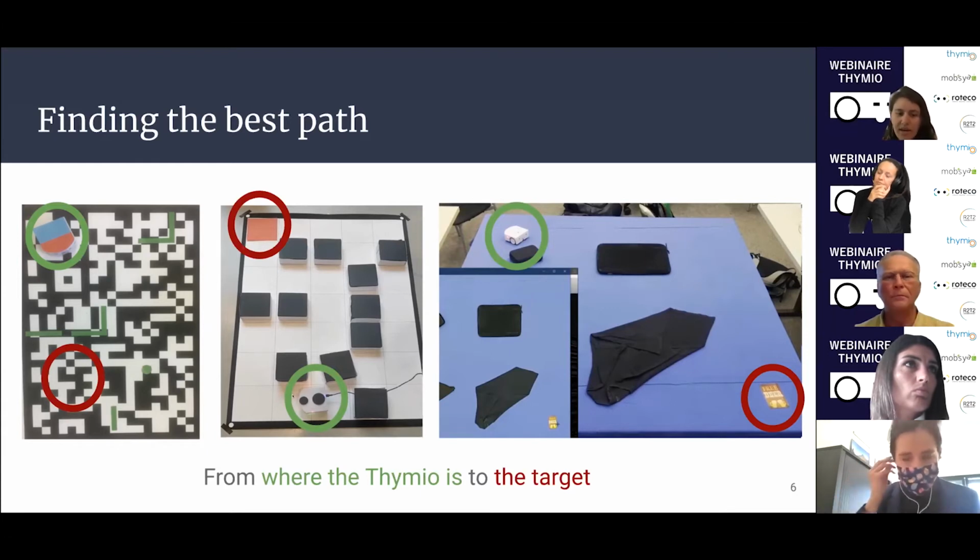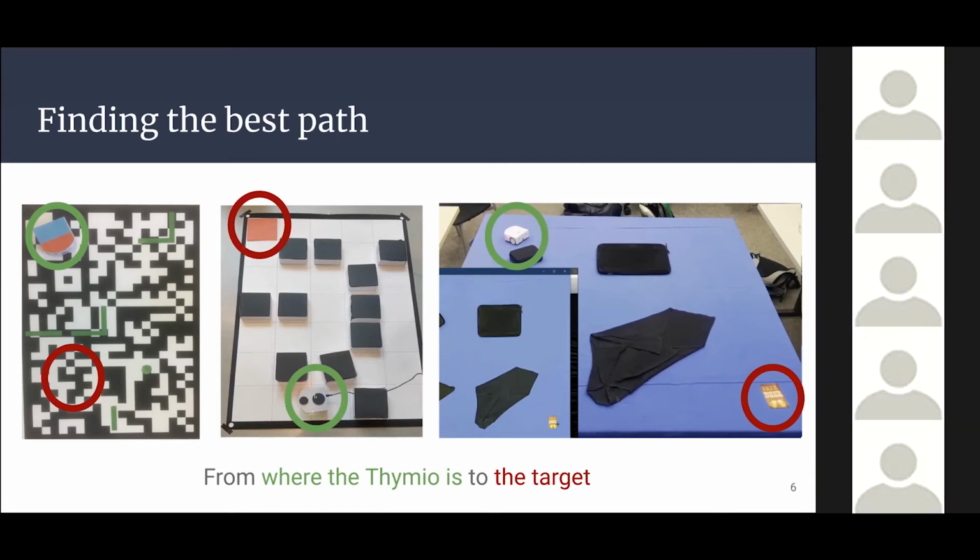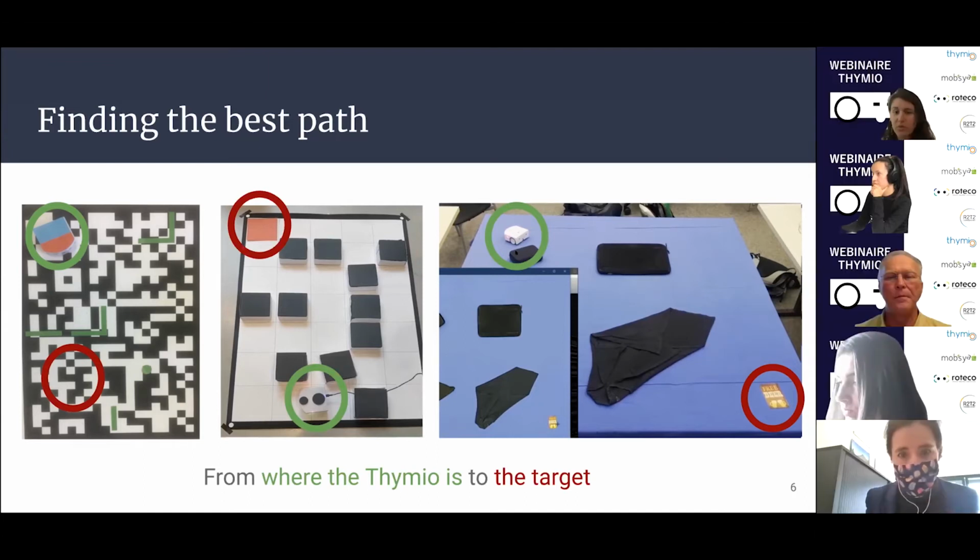Over here you have something relatively similar with two dots, a big dot and a small dot, which also help you know the orientation of the robot. This group actually didn't use anything to detect the robot. They were just using the camera and were able to segment the Thymio and localize it pretty well.